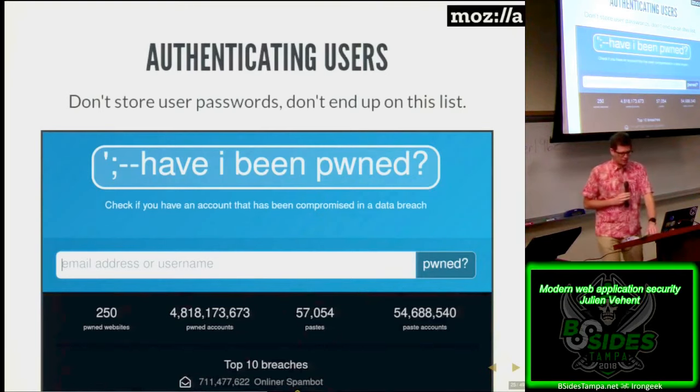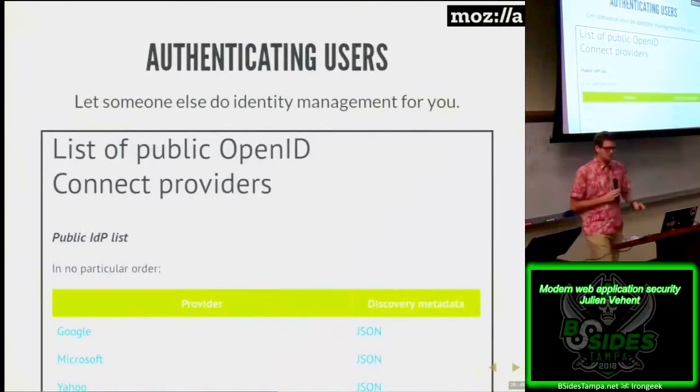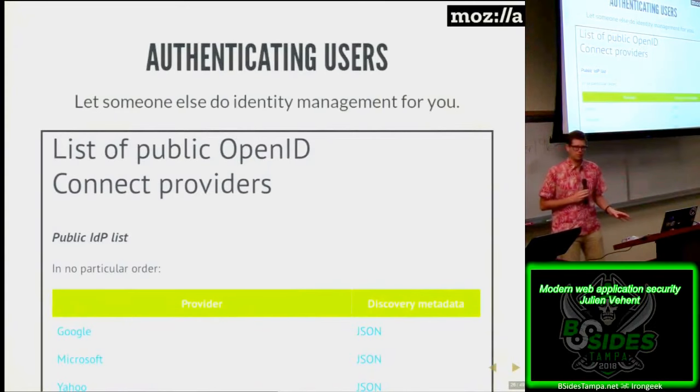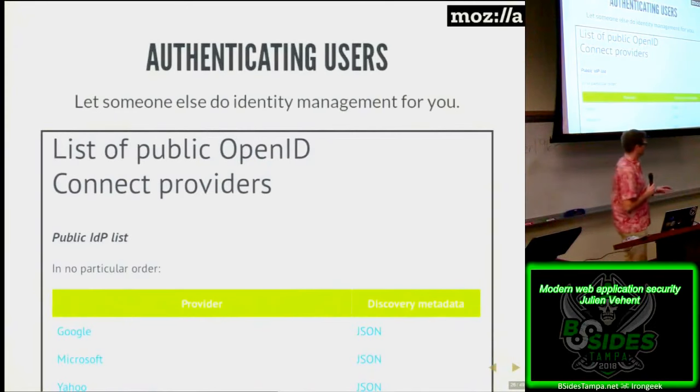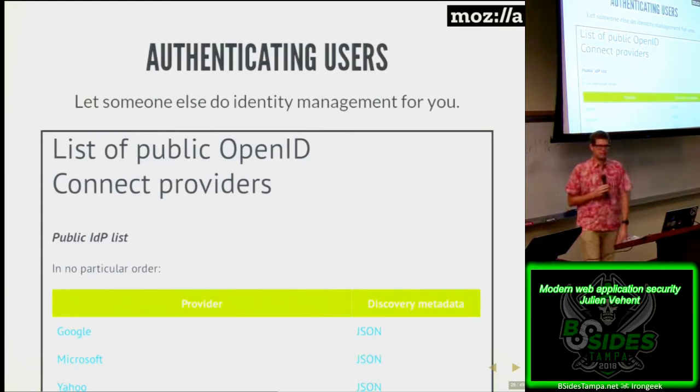So the best way to do this is essentially to let somebody else authenticate users for you. There are largely enough authentication OIDC providers out there that you can just pick the one you like. Google, Microsoft, Yahoo, PayPal, GitHub, Amazon, they all provide identities.